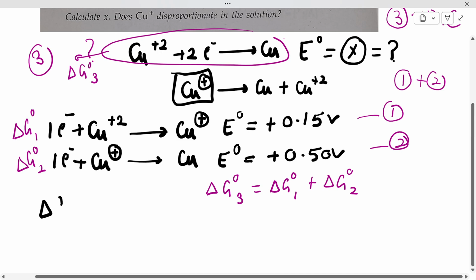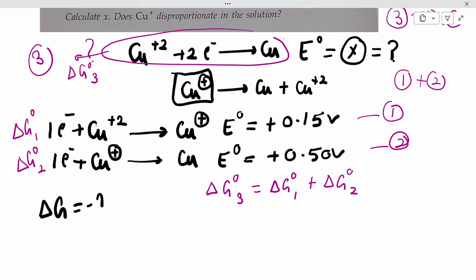Now we all know that delta G naught is equal to minus nFE naught.